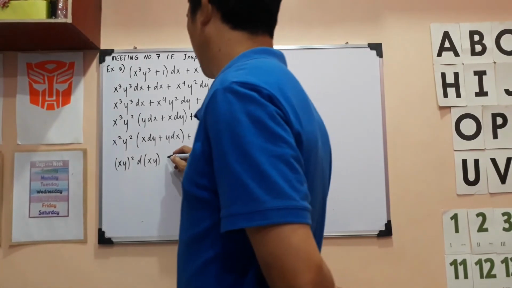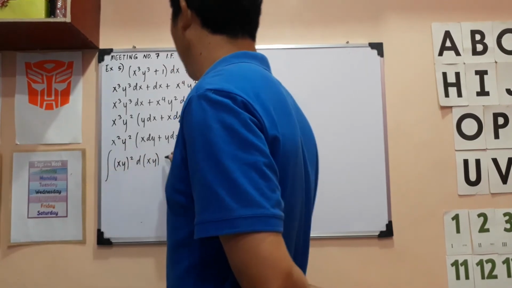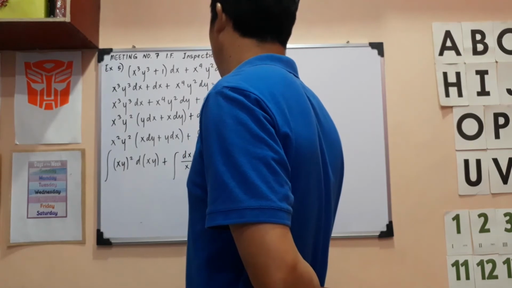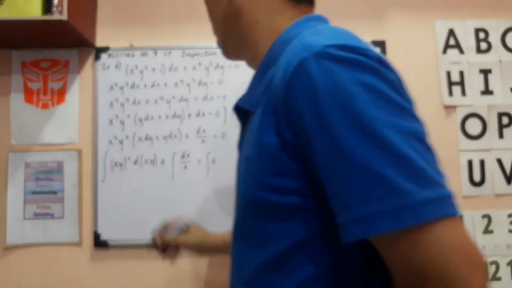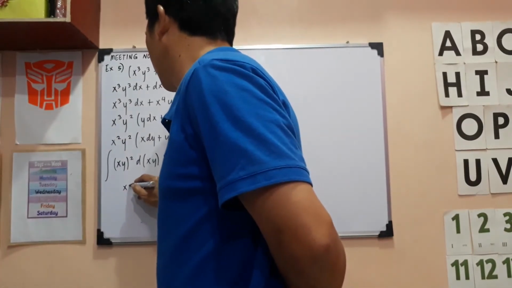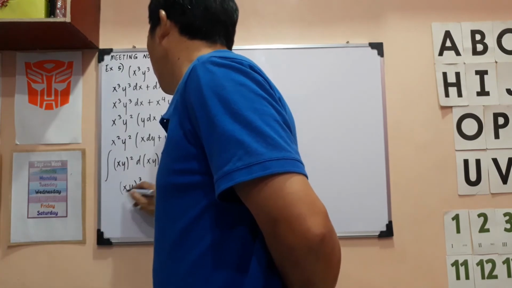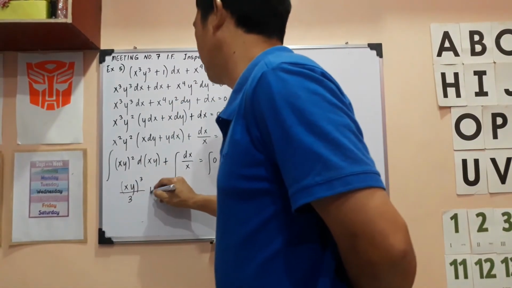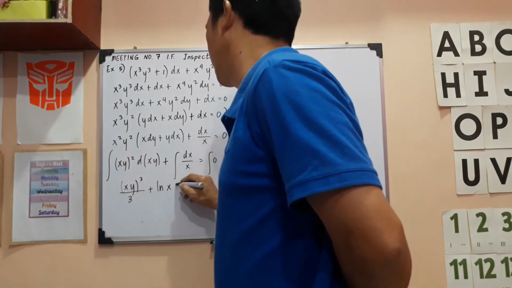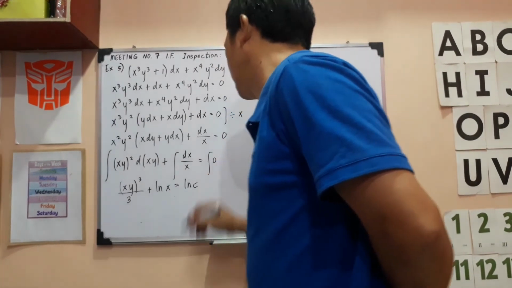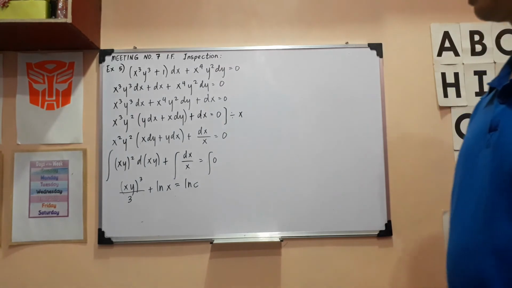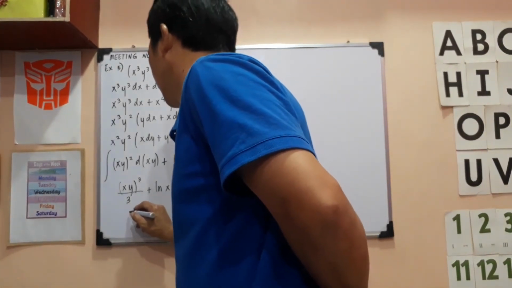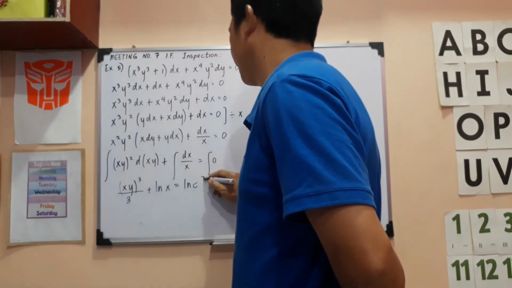So, that is integrate natin, and then plus the integral of dx over x, and then is equal to integral of 0. And then this is x, y, cube over 3. Power formula guys, ha? And then plus ln of x is equal to ln of c. Next is x multiplied by 3.